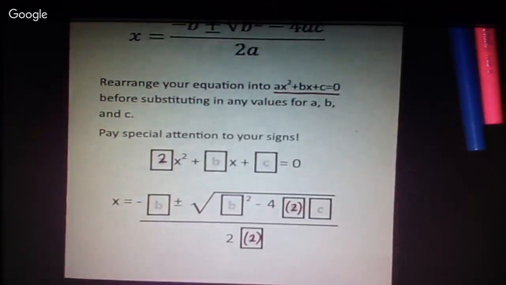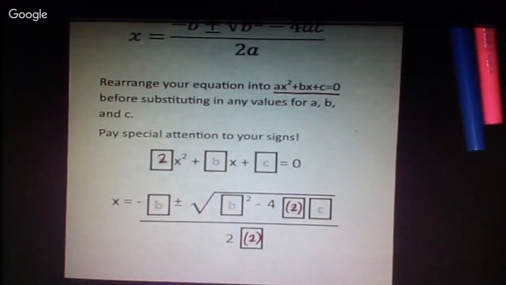What do you notice about what's underneath the square root? b squared minus 4ac. What did we do yesterday?